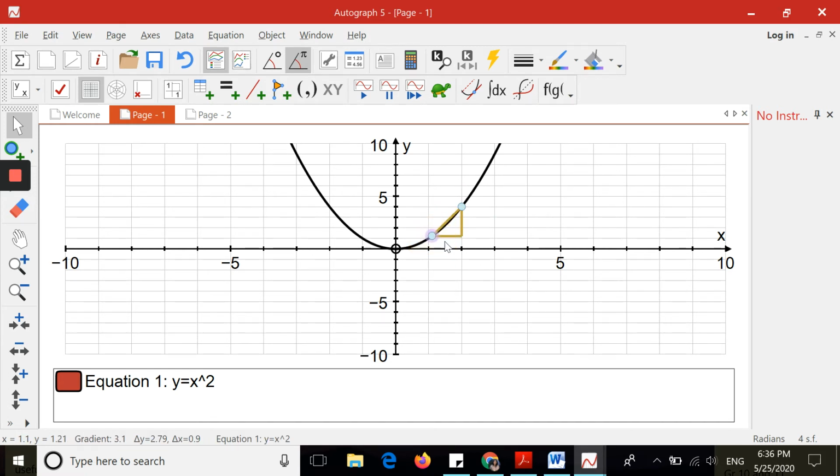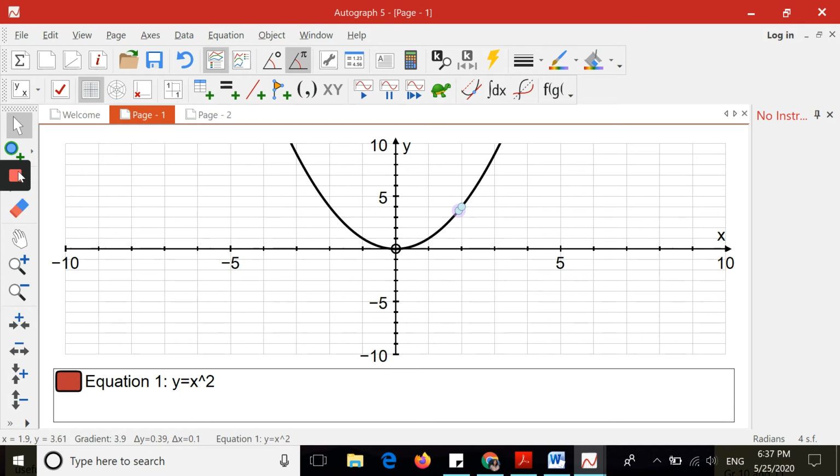And then you can see here, what is the gradient? If you have x is equal to 1 and then another coordinate which is 2, the gradient in this case is 3.1. But if I move this closer, if you pay attention, it's 3.8, and it's invalid if they overlap. But if you move it closer and closer, maybe you zoom out, you can see here and record that in your table to the nearest whole number.